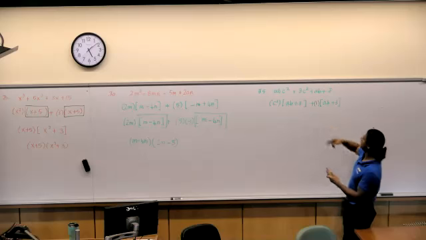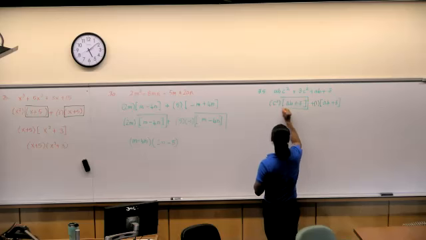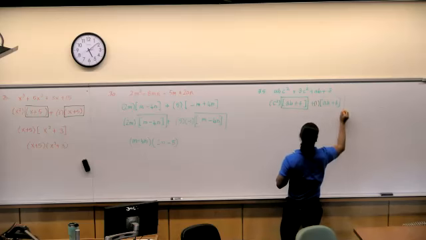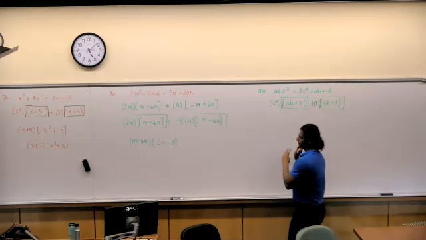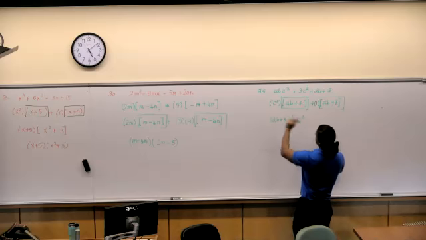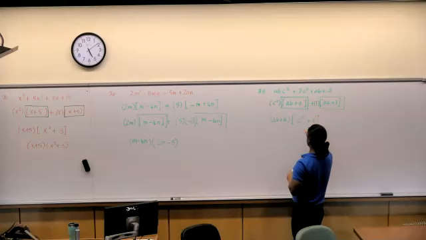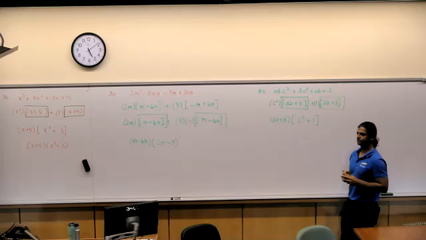So 1 times AB plus 3. Now, AB plus 3 is common to both terms. I can pull that out. If I take AB plus 3 out, I would have c squared plus 1. Good.